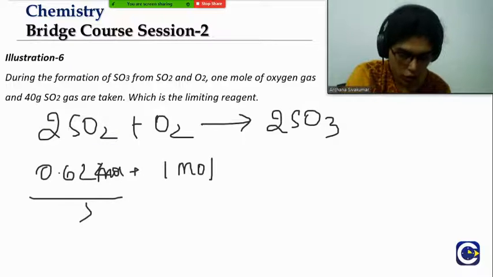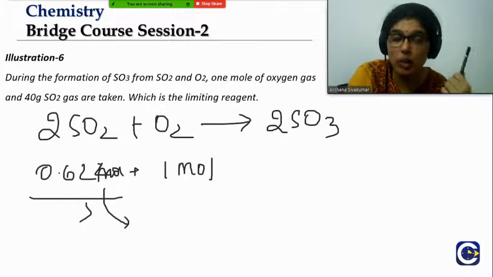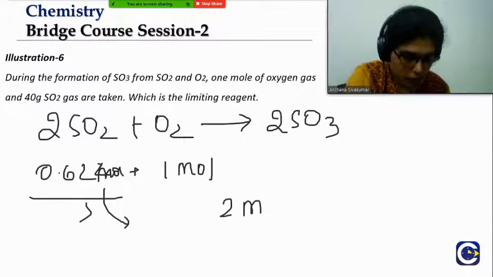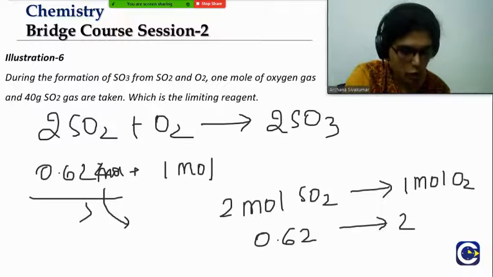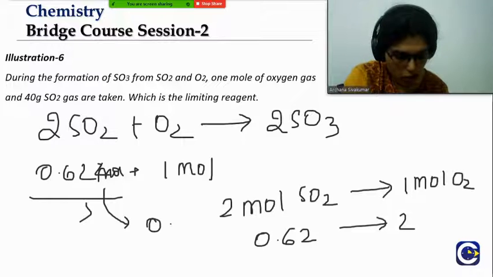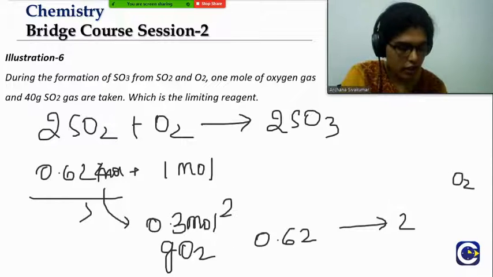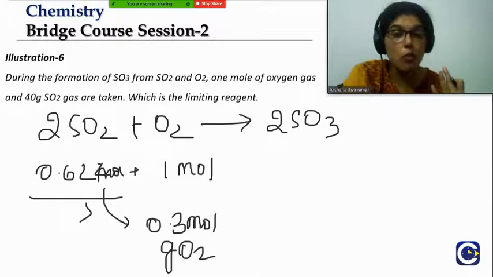According to the equation, 2 moles of sulfur dioxide react with 1 mole of oxygen. So 0.62 mole will react with 0.62 over 2, so it needs only about 0.3 mole of oxygen. Am I right? Using this, I find that it needs only 0.3 moles of oxygen.